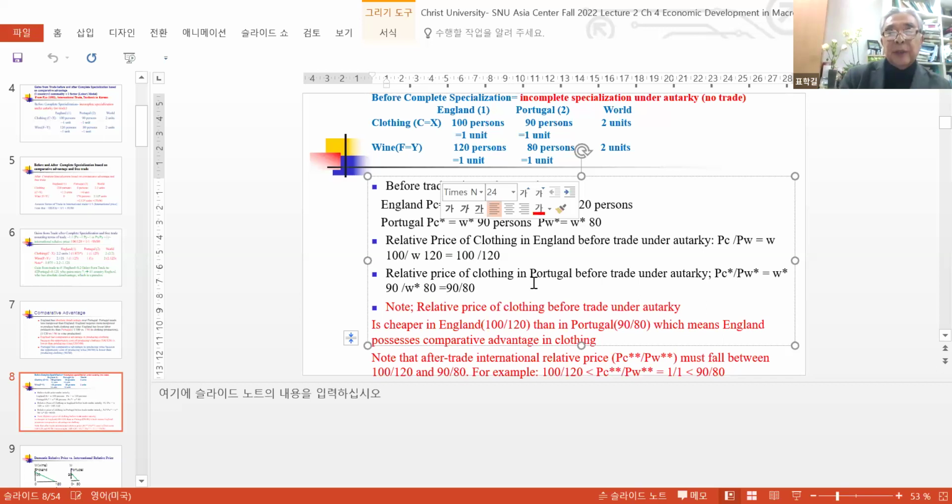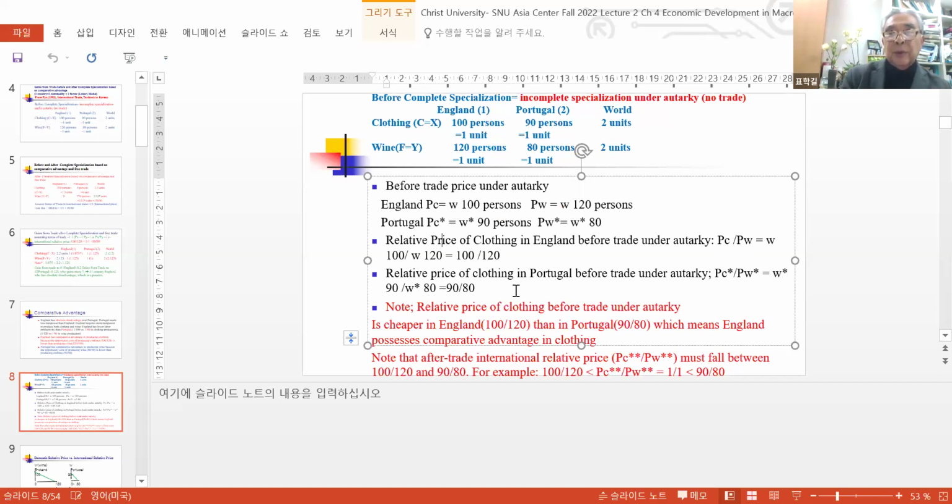So the relative price of clothing in England before trade under autarky is PC divided by PW, which is W times 100 divided by W times 120, that is, 100 divided by 120.